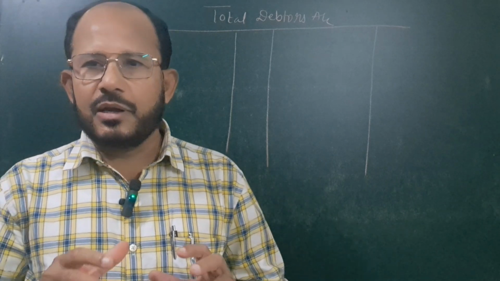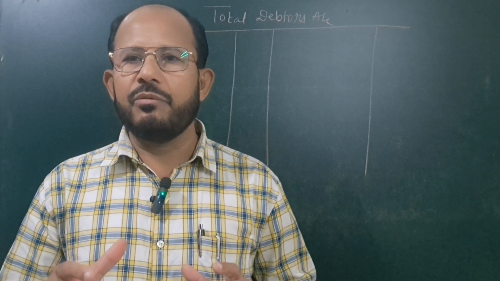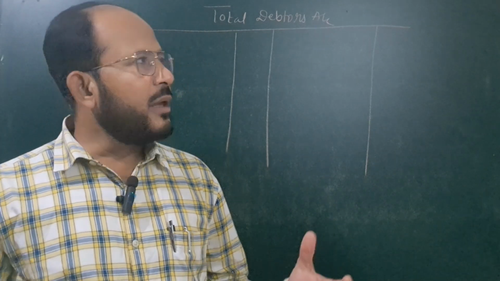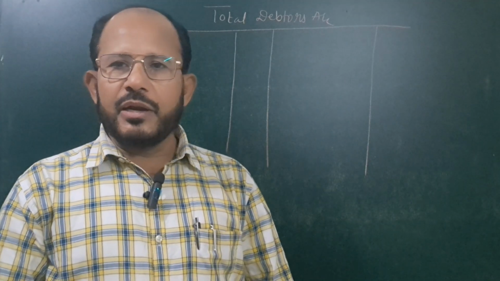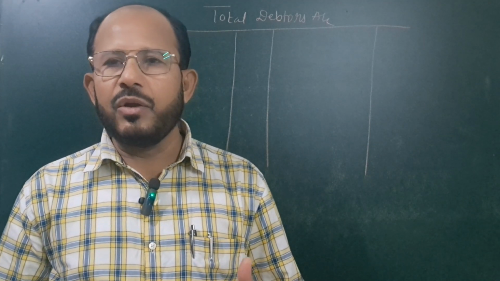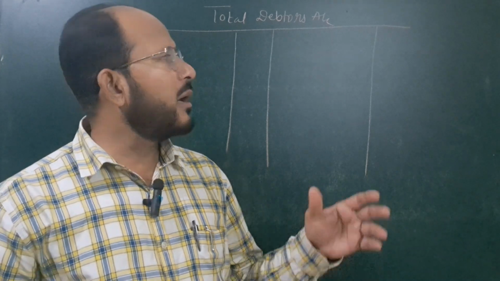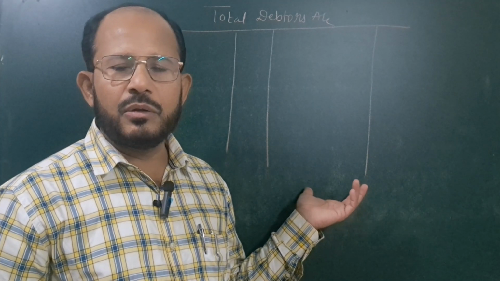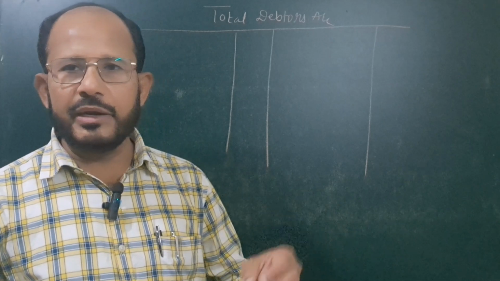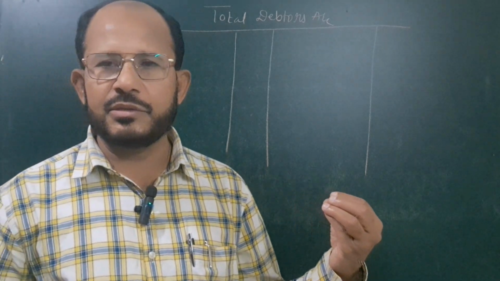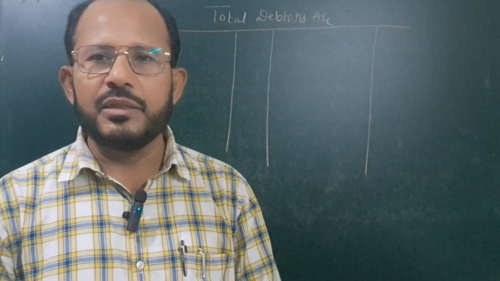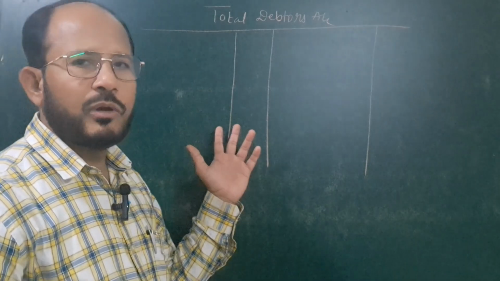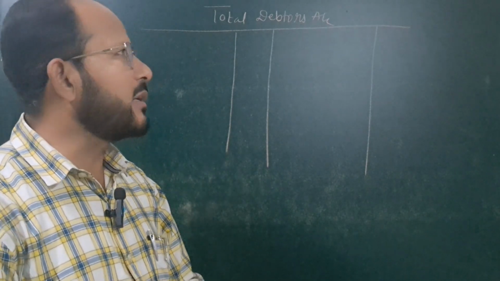Because of that, complete information is not available. By preparing the total debtors account, we can find out one of the missing figures, either the closing balance of debtors or credit sales. Whatever figure is missing can easily be calculated by preparing the total debtors account.